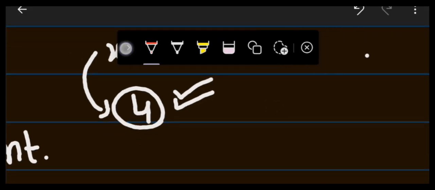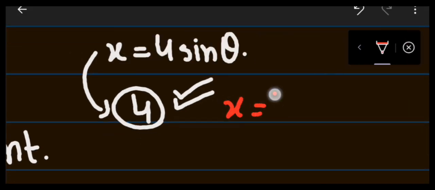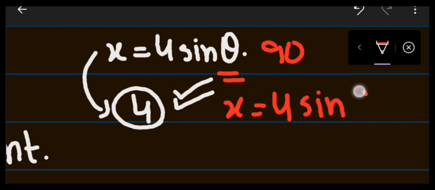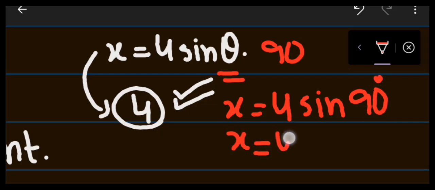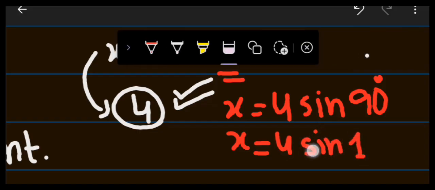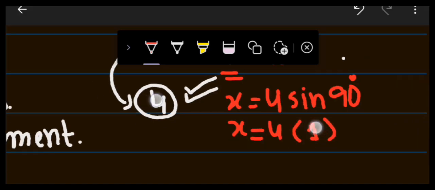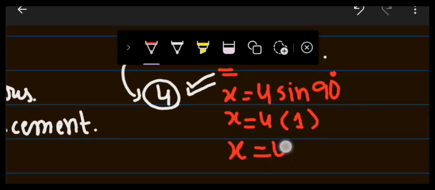You will basically use x is equal to 4 here. Now you will put theta as 90, and you know sine 90 is equal to 1. So if I multiply the 4 with 1, the answer will be 4. So here you can see how I got the answer 4, I multiplied with sine 90.